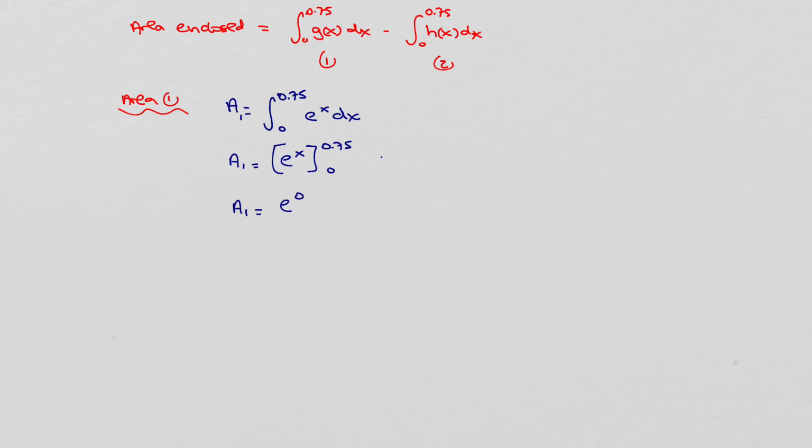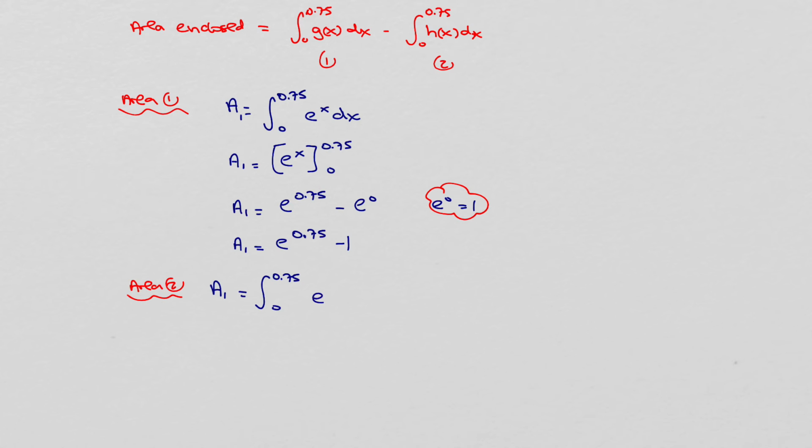So it's always upper limit minus lower limit, and e to the power of 0 is equal to 1. So that means area 1 is going to be e to the power of 0.75 minus 1. And I'm going to keep my answer like that for the moment because I want to round at the end rather than rounding twice.